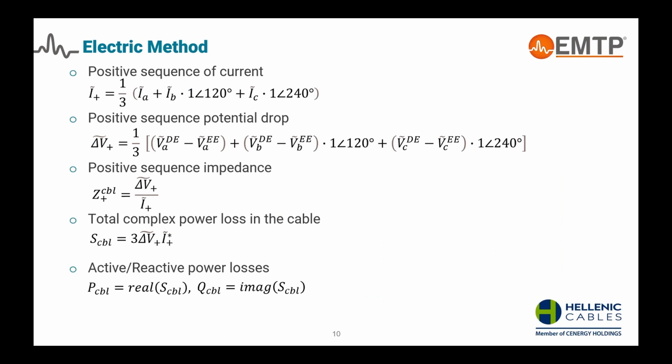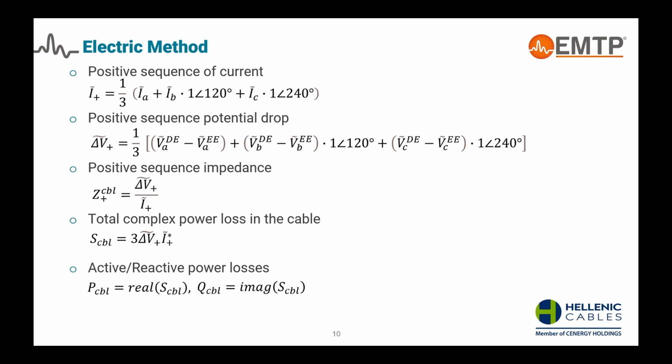In general, the method that is used in order to calculate the losses is the electric method, where we take the current injection at phase A, B, and C, and from these values we can easily calculate the positive sequence of current. From the voltage sensors, we can derive the positive sequence of potential drop.